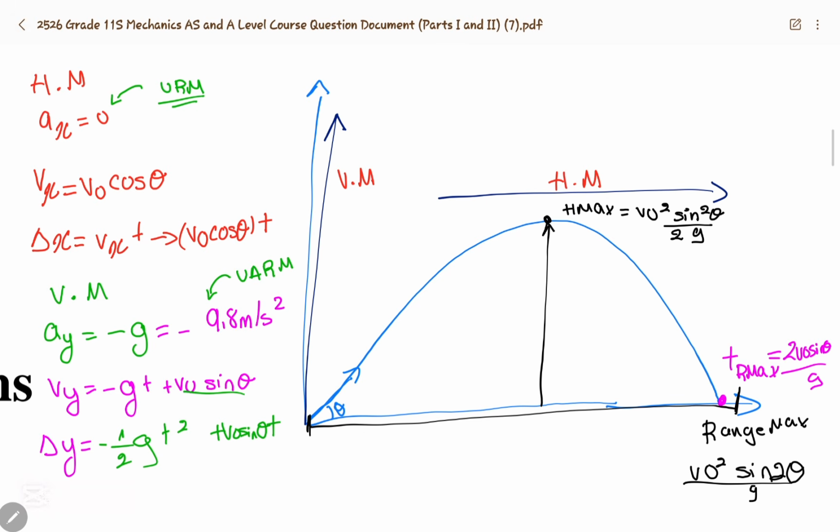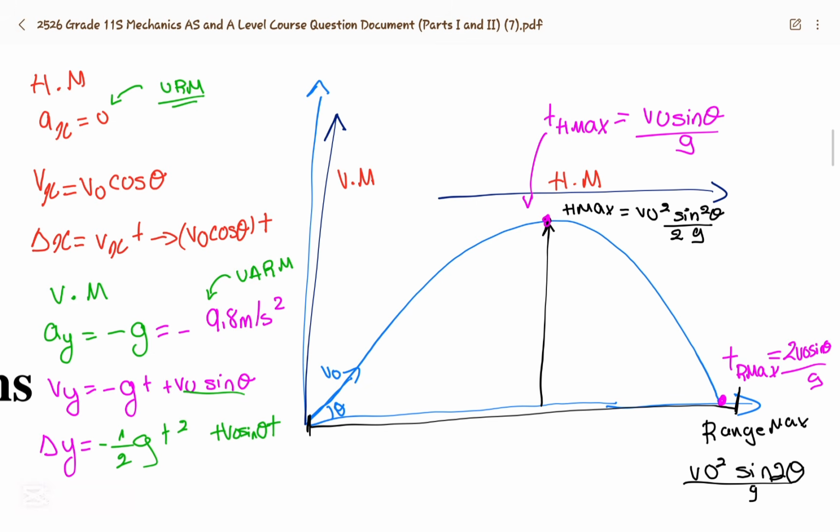But if they asked me for the time to reach h max, so t h max, very simply, it's going to be half the time that it takes to travel the full range. So it's going to be 2 v0 sine theta over g divided by 2, which turns into v0 sine theta over g. Alright, I forgot to label here that this over here is v0.